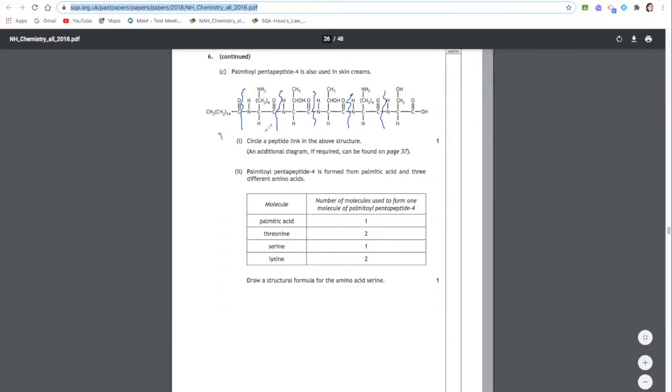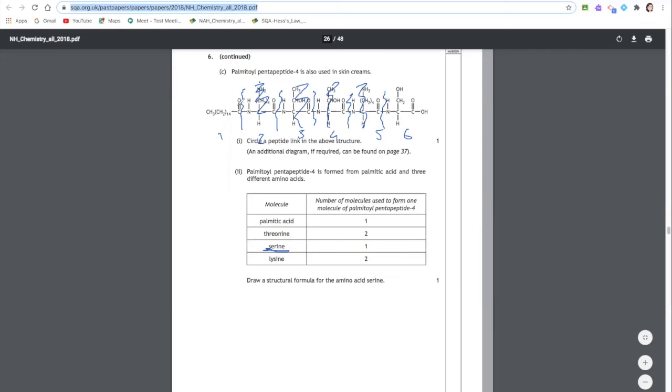So this is 1 amino acid, 2, 3, 4, 5, 6. Now there's 2 of the threonines and 2 of the lysines. So there's 2 of them and 2 of them, and we're looking for serine. The other option where there's only 1 of them is the palmitic acid.